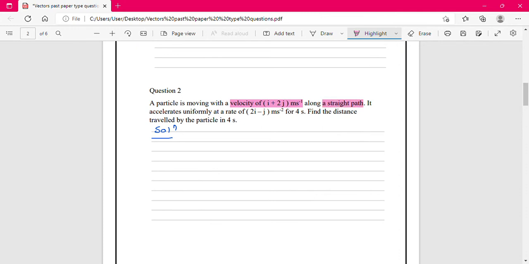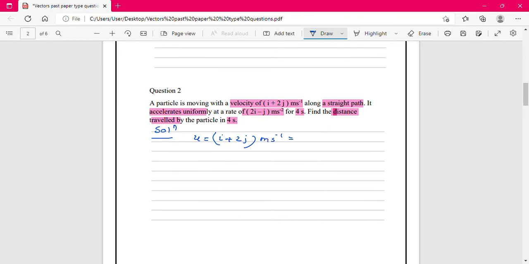It accelerates uniformly at 2i - j meters per second squared for 4 seconds. Find the distance traveled by the particle in 4 seconds. So let us write the data. The particle is moving with velocity. That means the initial velocity is given to you, i + 2j meters per second.